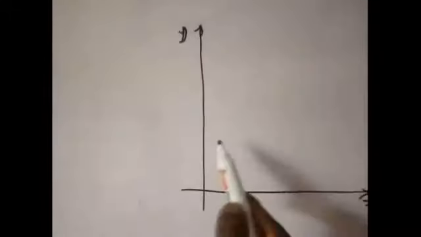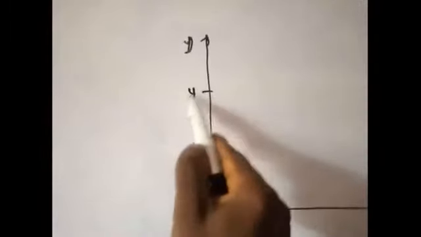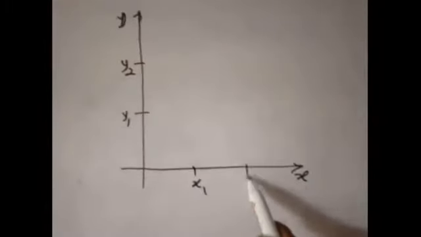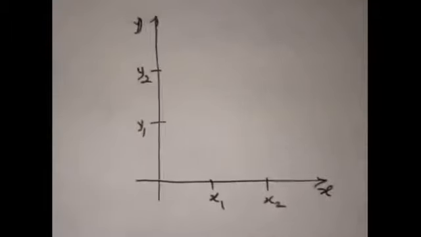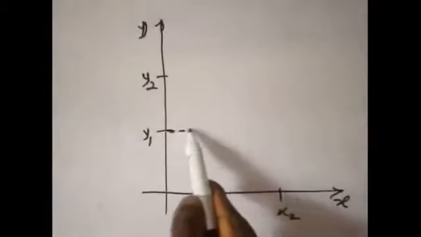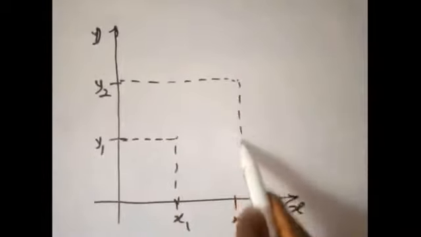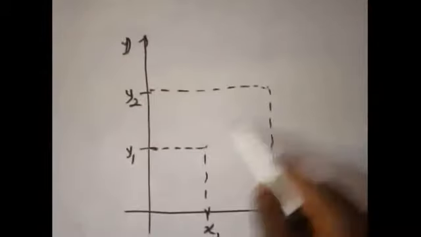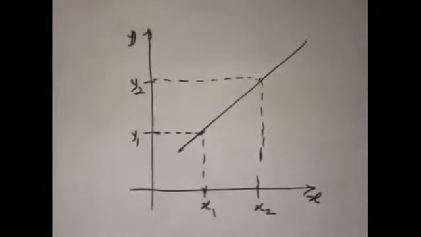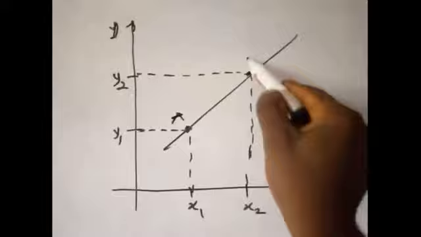If you have plotted a graph or located a point where we're having y1, x1, x2, and y2, by the time we plot this against each other, we are going to have this form of graph. From our last video, we're able to do this. If we call this point A, this point we call B.